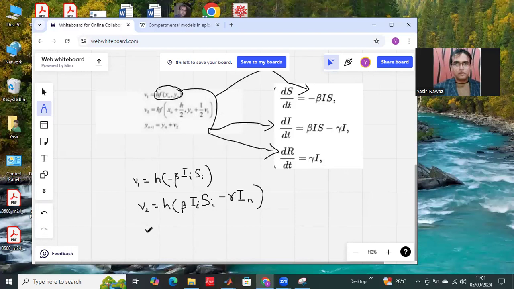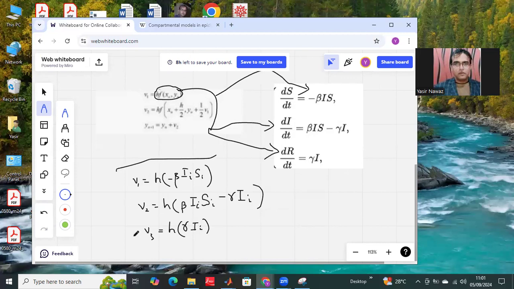For the third equation, suppose I use V3, which is H times gamma I, with I at i. So this is the first equation.